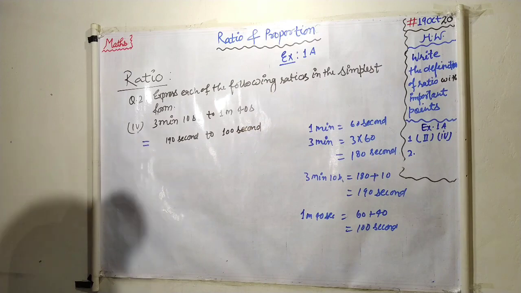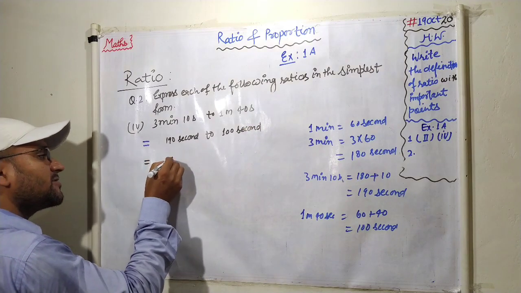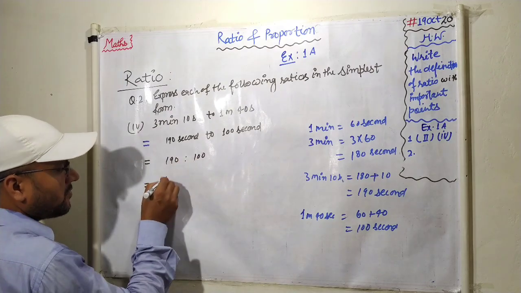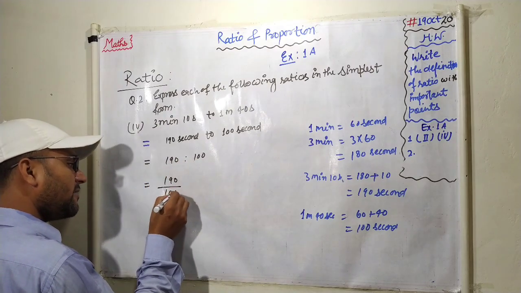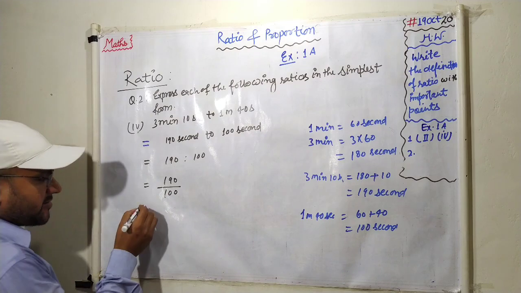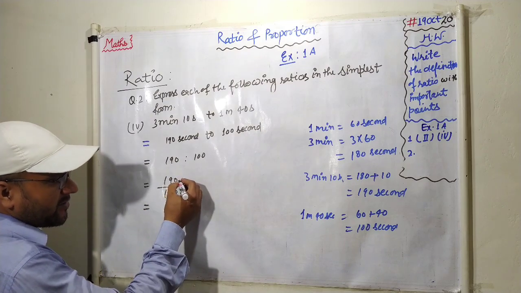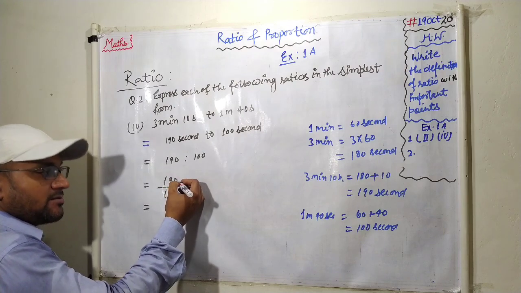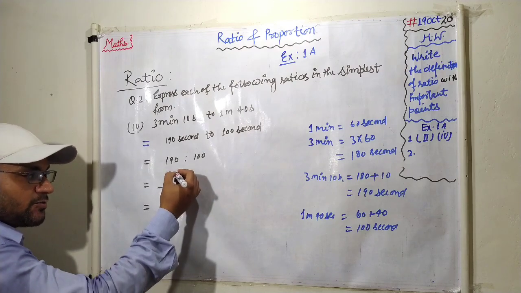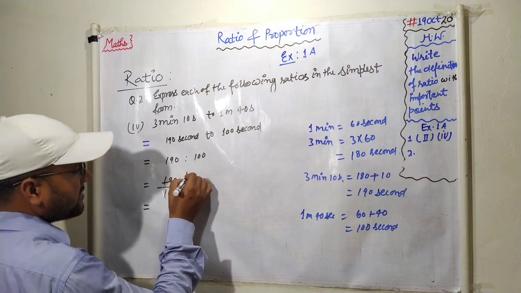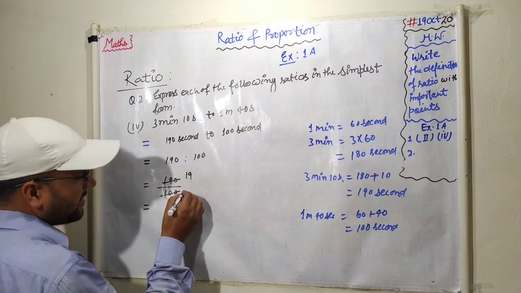Okay students, and then after you will compare it and write in the form of a ratio, 190 ratio 100, and then 190 upon 100 in the form of a fraction, and then if it is cancelled out by any number you will cancel. Here you see the first place is 0, here is also 0. If you want you will cancel out, otherwise you will cancel with 10. 10 19s are 190 and 10 10s are 100.